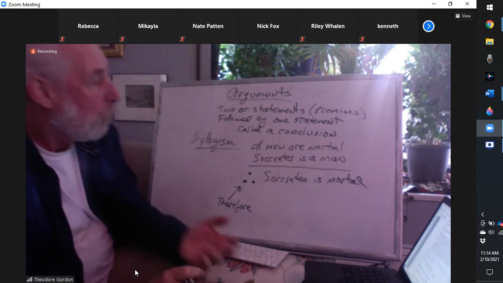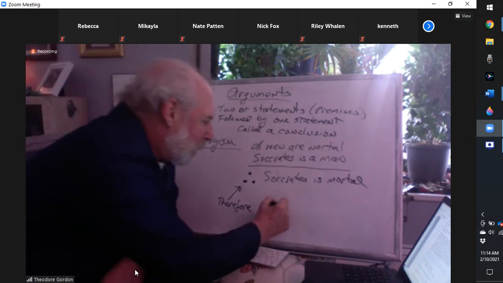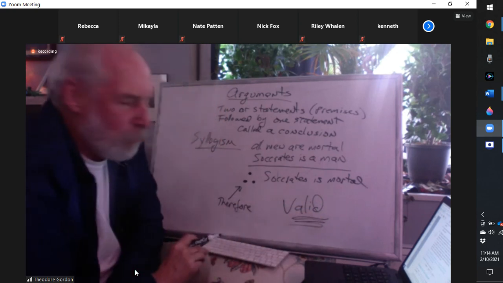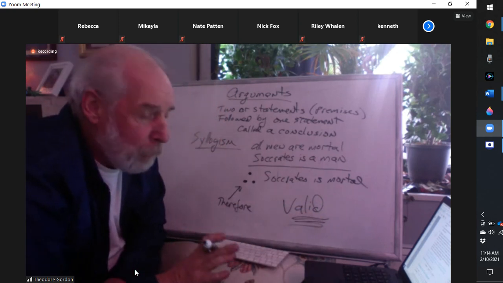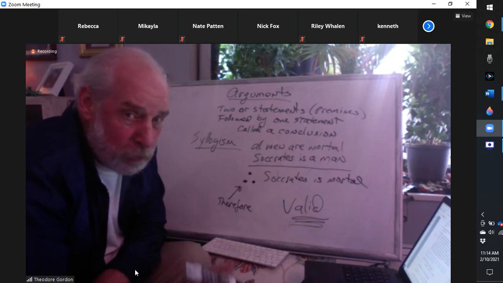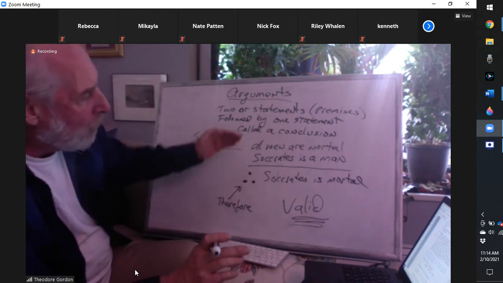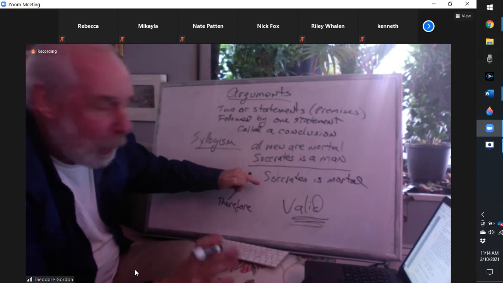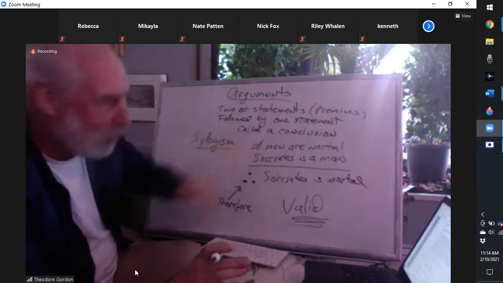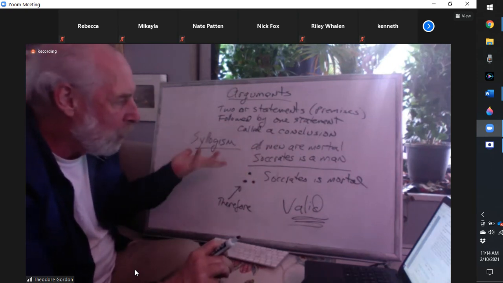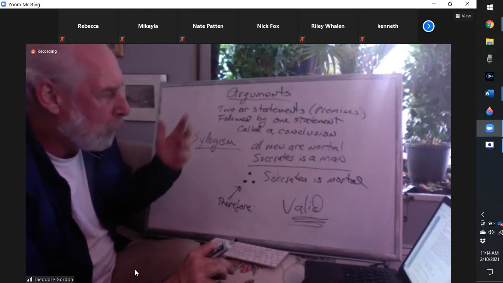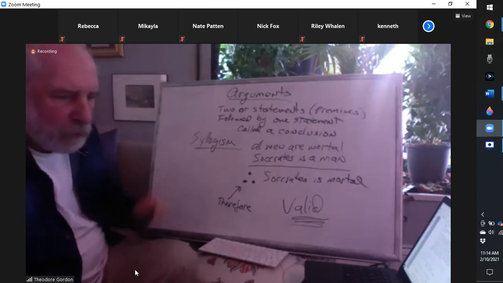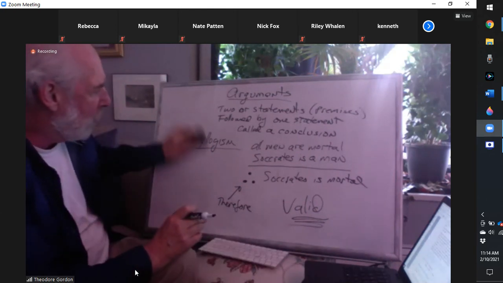This happens to be a valid argument. And valid has nothing to do with true. It's valid because the conclusion is inescapable and must follow from the premises above it. So all men are mortal, Socrates is a man, therefore Socrates is mortal. So that's called a syllogism. I'll show you another one of these.